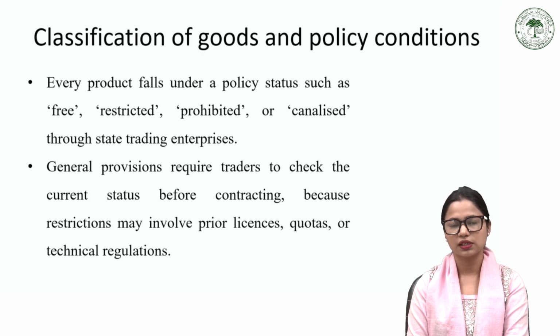So, it is really important to be aware of the product classification under the EXIM policy and what are the various approvals required before stepping into the export or import of such products.